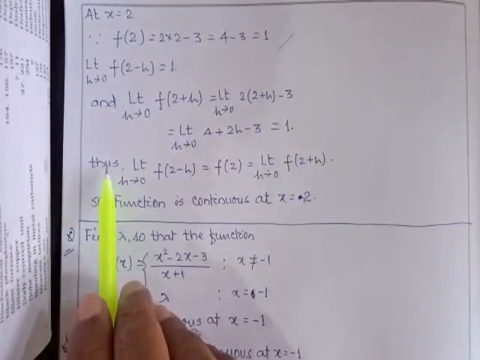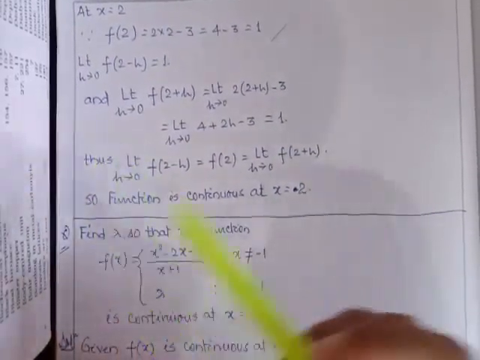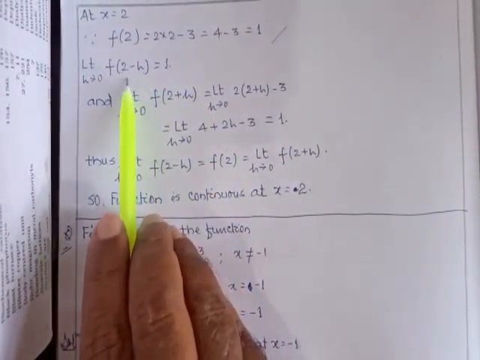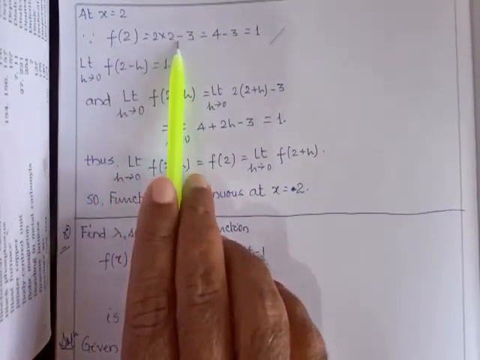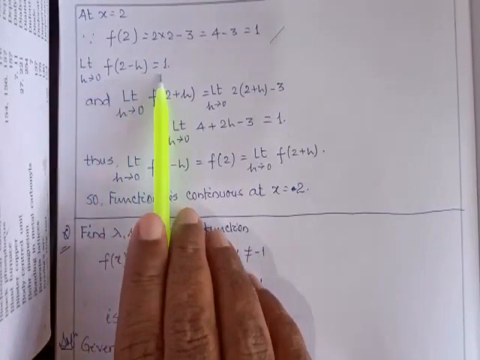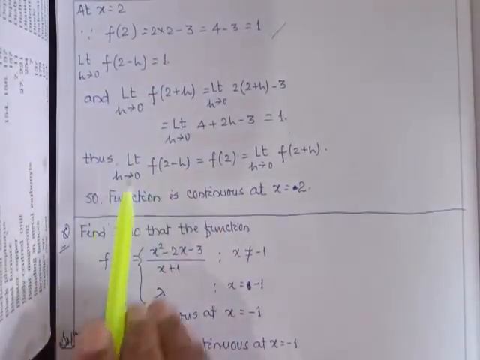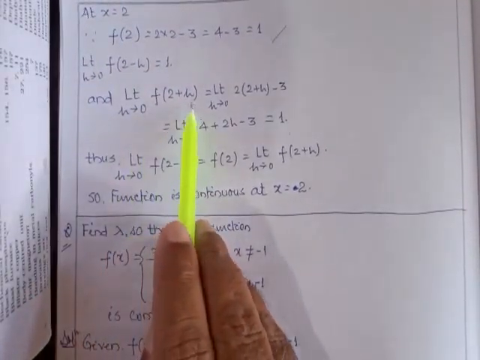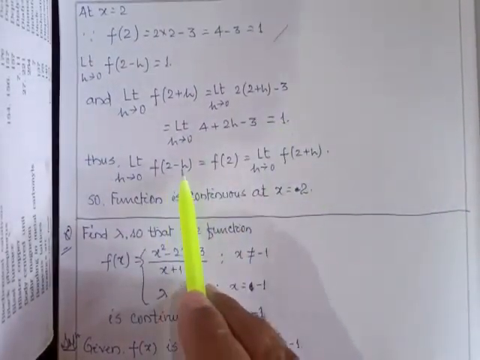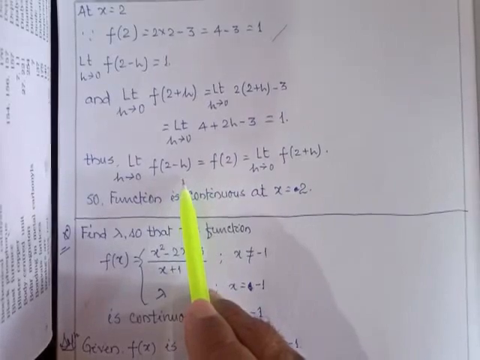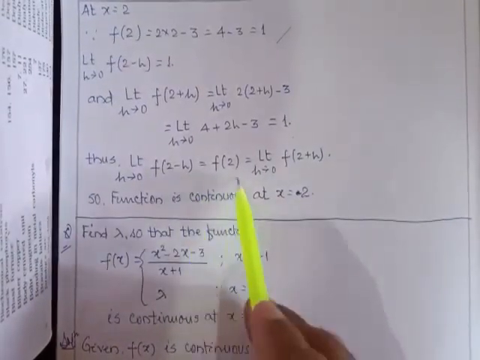Hence we see in the same way that all the three values are equal, f2, limit h tends to 0 f2 minus h, and limit h tends to 0 f2 plus h, all have the same value 1. So the given function is continuous at x is equal to 2.